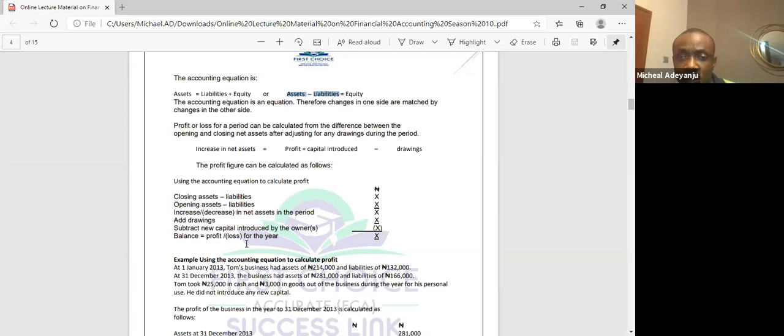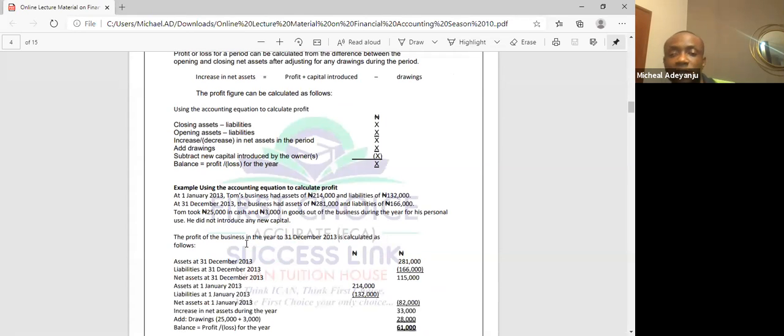And we can also determine the capital introduced and the drawings. Then with these figures, we can start working back to determine our profit for the year. Let's look at an illustration, maybe to make it make sense.